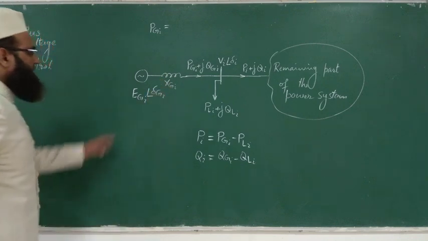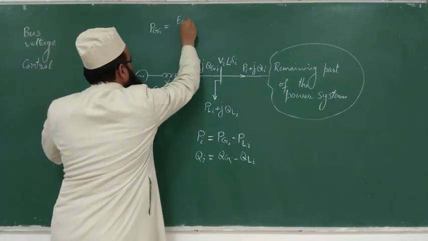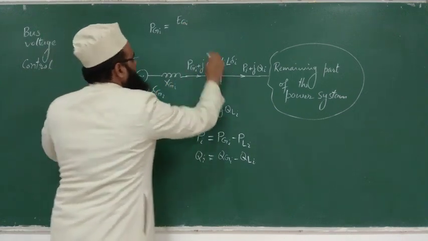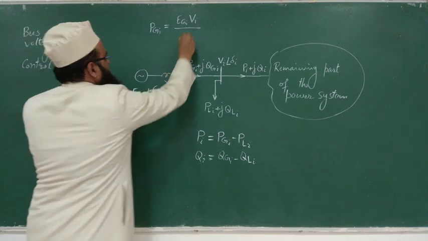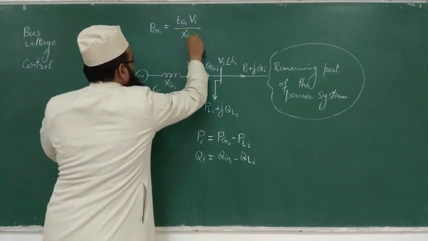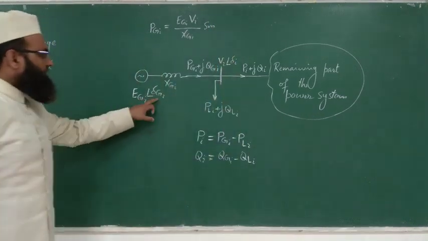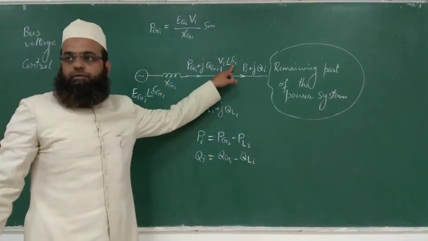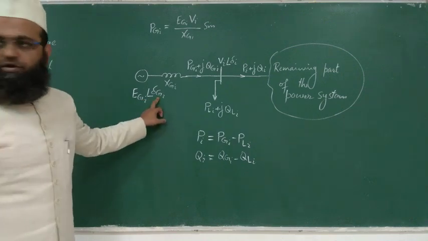This PGi will be equal to the magnitude of EGi, magnitude of Vi, upon this reactance XGi, sine, where this is delta Gi and this is delta i. So the resultant will be delta Gi minus delta i, is it not?